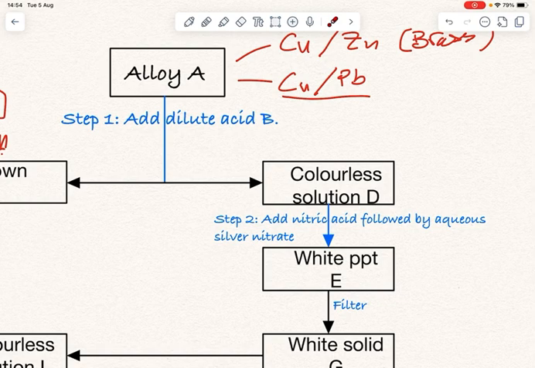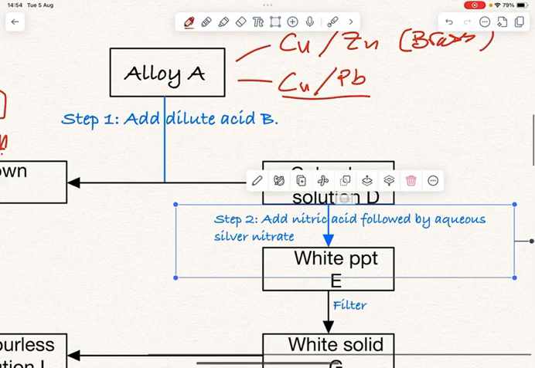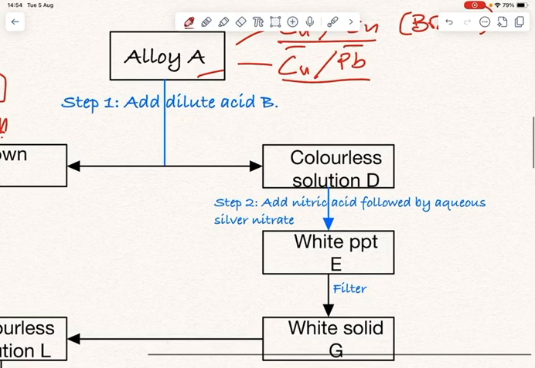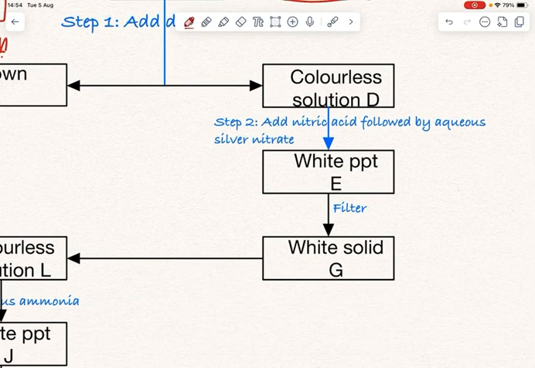For example, if the acid is hydrochloric acid, lead chloride is insoluble in water, so it would be a precipitate. So here we already know the alloy must be zinc and copper. But now we just follow what they told us to do.